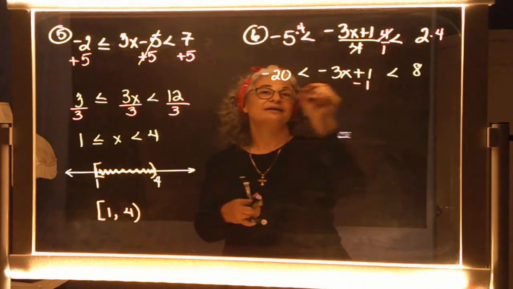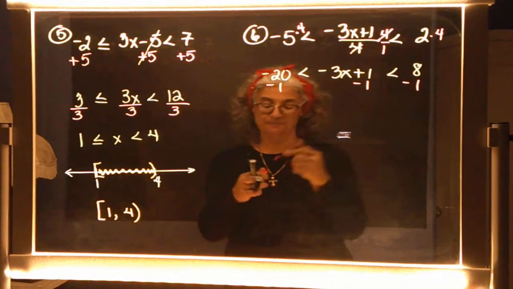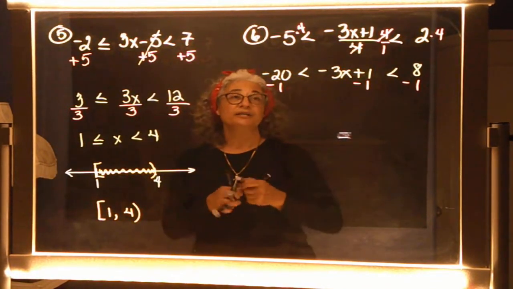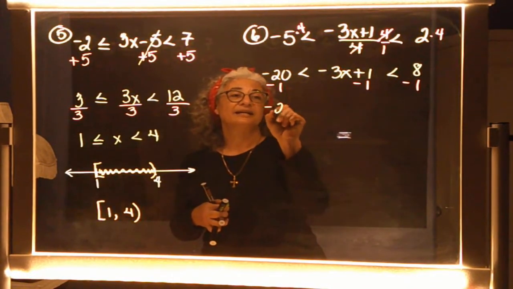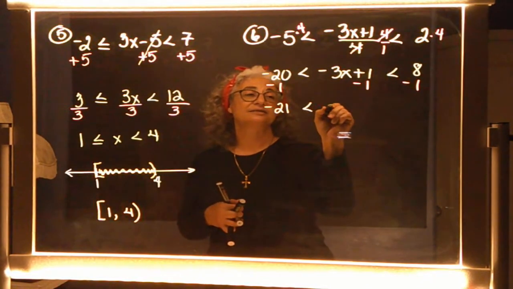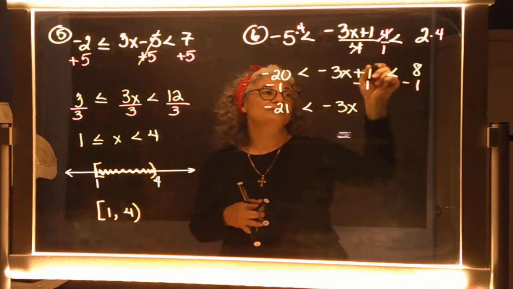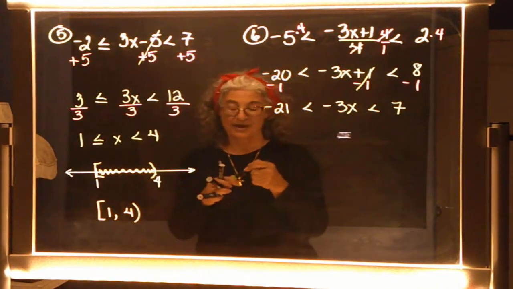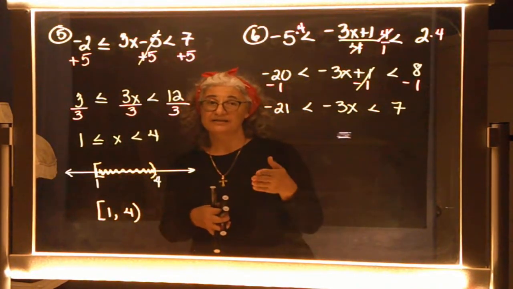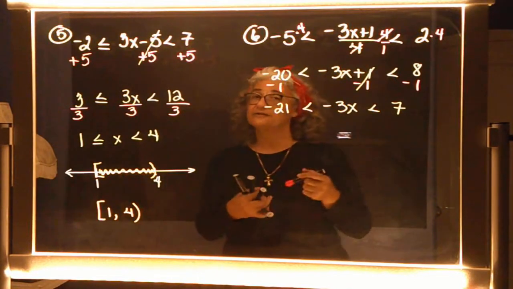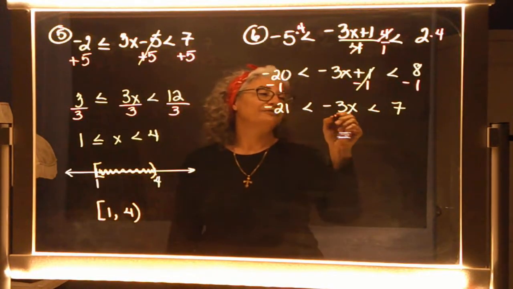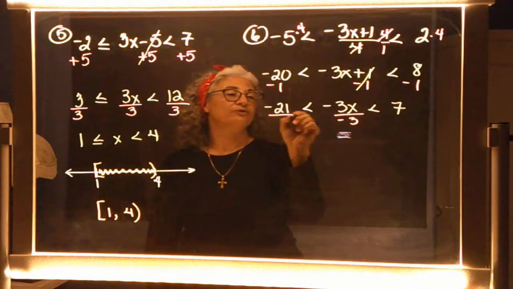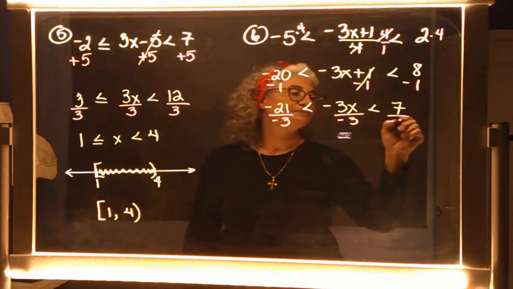I subtract it from all three sides, which makes my next line look like negative 21 less than negative 3x, these 1's drop out, less than 7. Okay, x by itself yet? Nope, I got to divide by negative 3, all three sides.